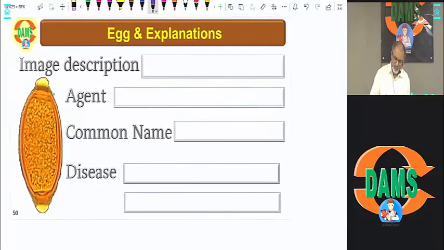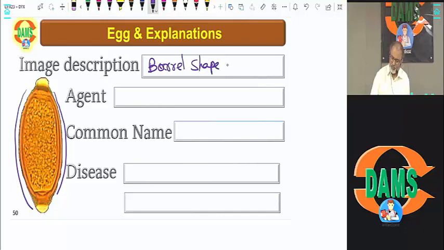What is the egg? Excellent. How to describe? Barrel shaped egg with mucus plugs. What is the agent?